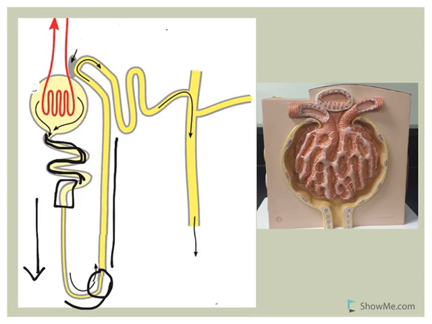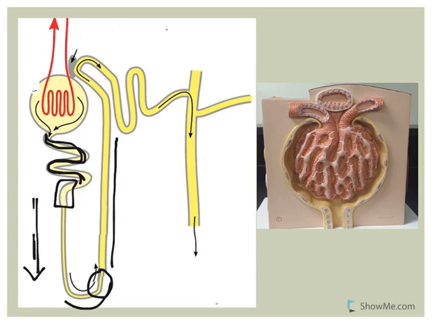So water does not move across the membrane at all, but you have reabsorption of electrolytes like sodium and potassium and chloride and calcium. So when the contents are moving up and you get reabsorption of solutes, but water stays behind, the contents become diluted.